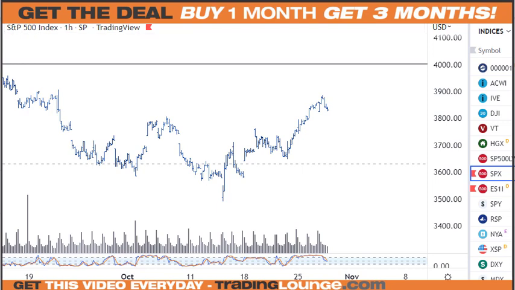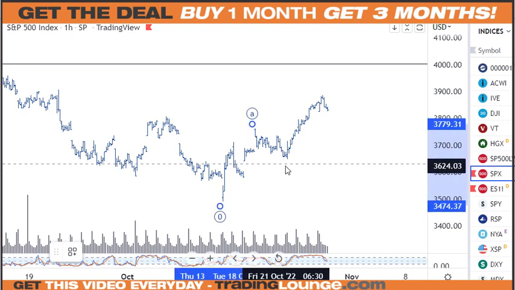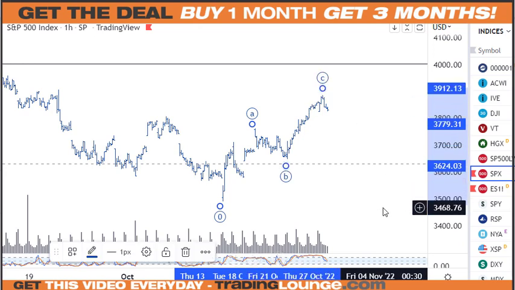This is the SPX here, and I just want to have a look at two possible counts. One of them is that we could look at this as the ABC here for the A wave. So just to make things simple, we could look at this as the A wave, the B wave, and the C wave here, and we have a top in play.